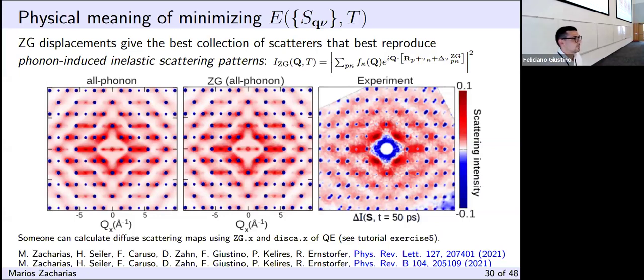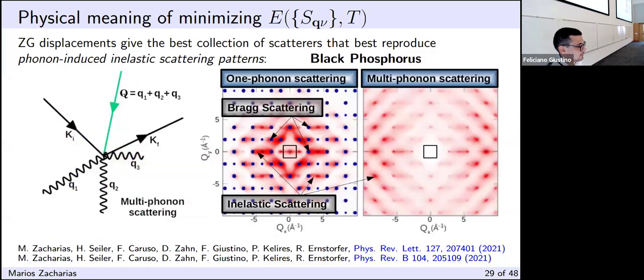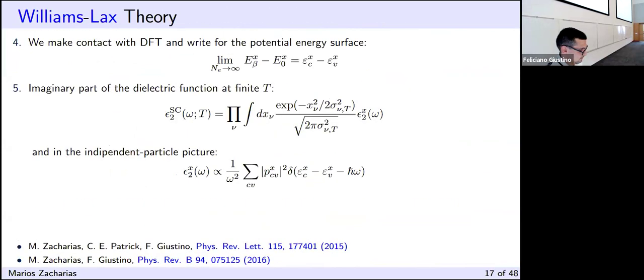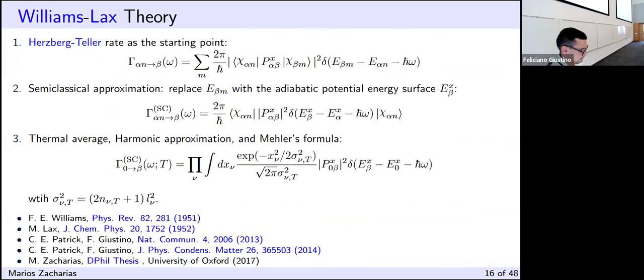Three questions on Zoom. The first one is, can this vertical rate be derived from Green's function theory? Can you comment on the link between that and the framework that was presented? In general, we rely on Rayleigh-Schrödinger perturbation theory.